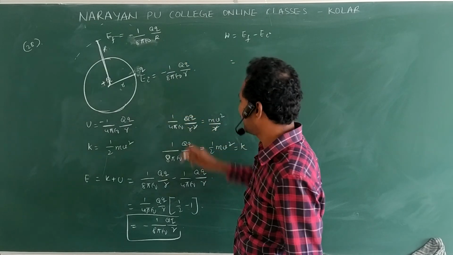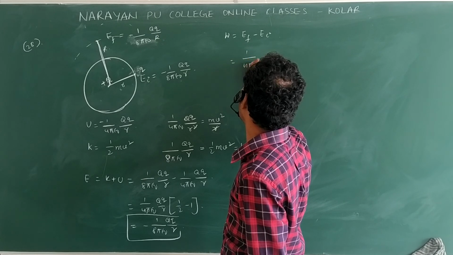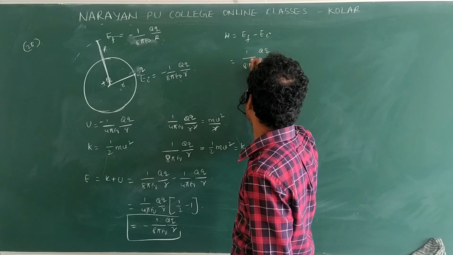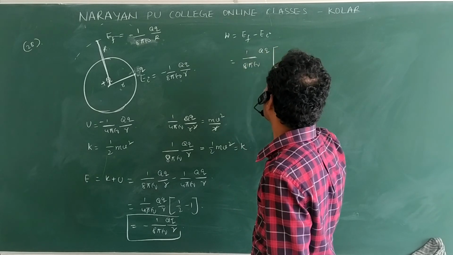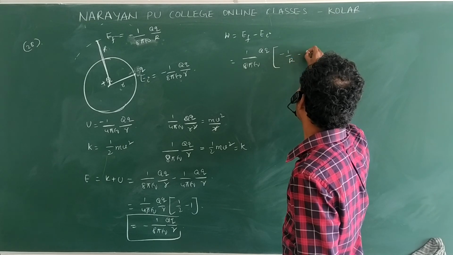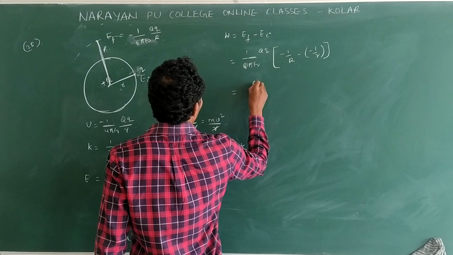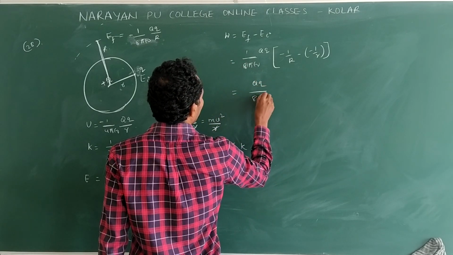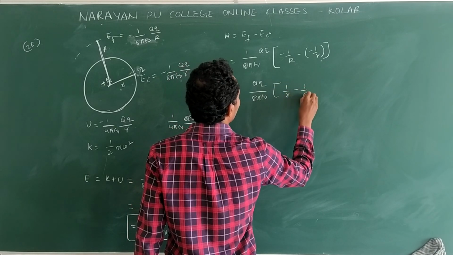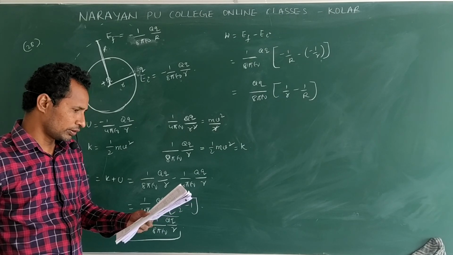This is initial, this is final. q by 8 epsilon naught is common. Clear? So this is minus 1 by capital R minus of minus 1 by small r. Then this will be q by 8 epsilon naught, with 1 by small r minus 1 by capital R. So the option is 3.